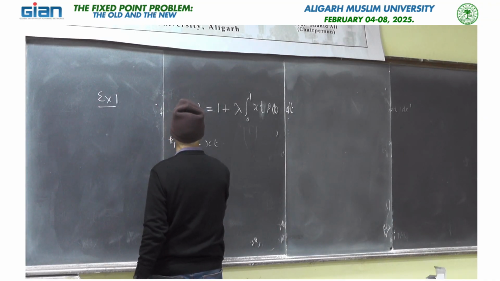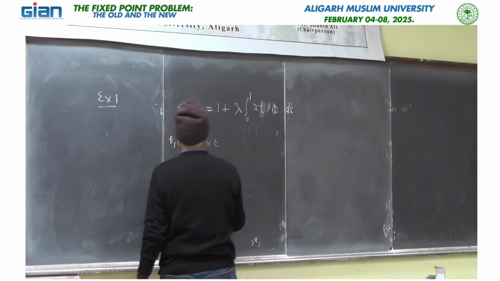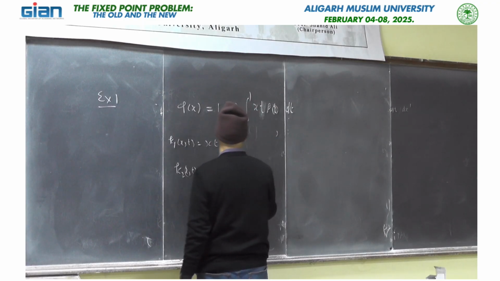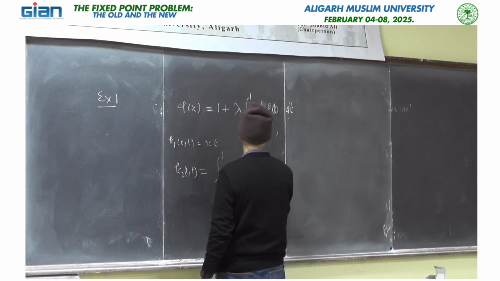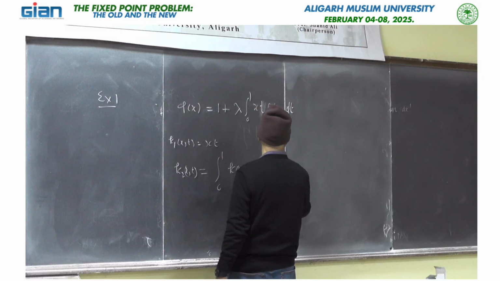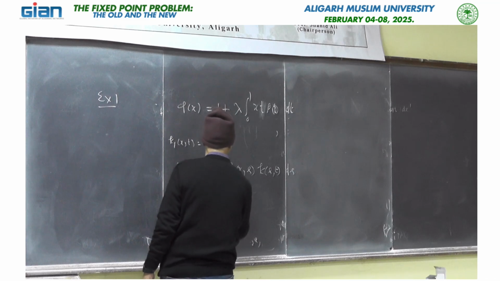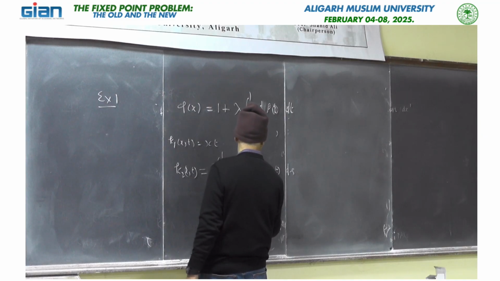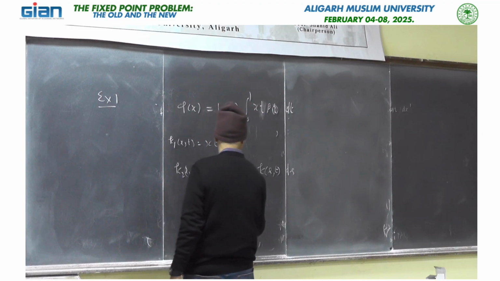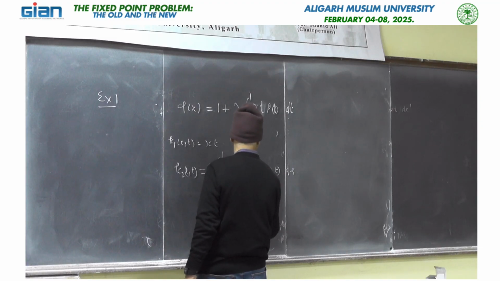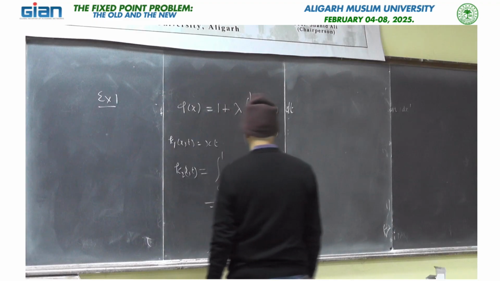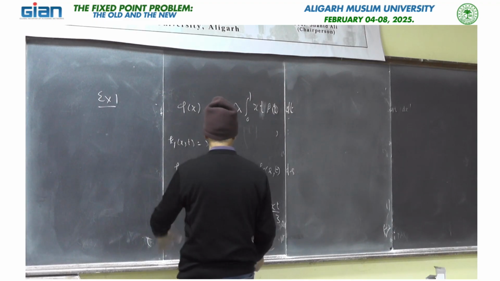So you calculate k_2(x, t), and what is that? k_2(x, t) is integral 0 to 1 of k(x, s) k(s, t) ds, which is 0 to 1, and this is xs, and so xt comes out, and then you have s squared ds. So you get xt by 3.